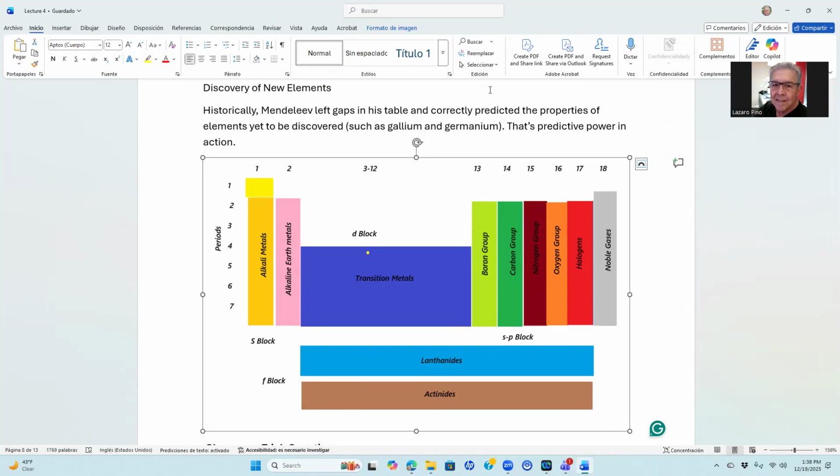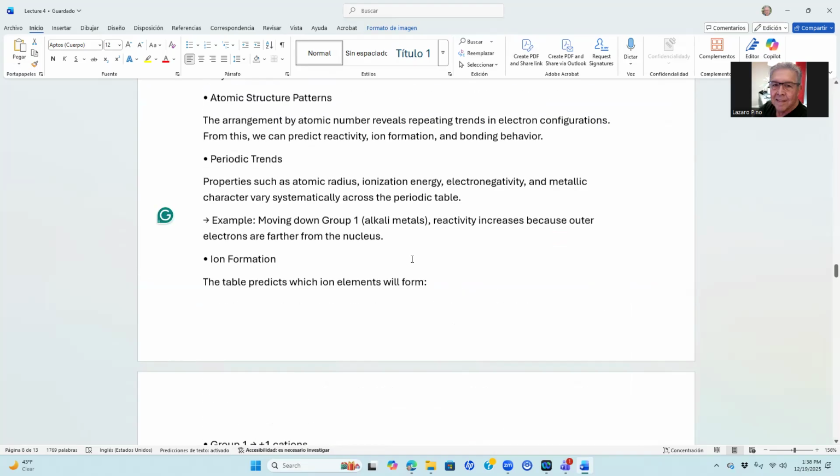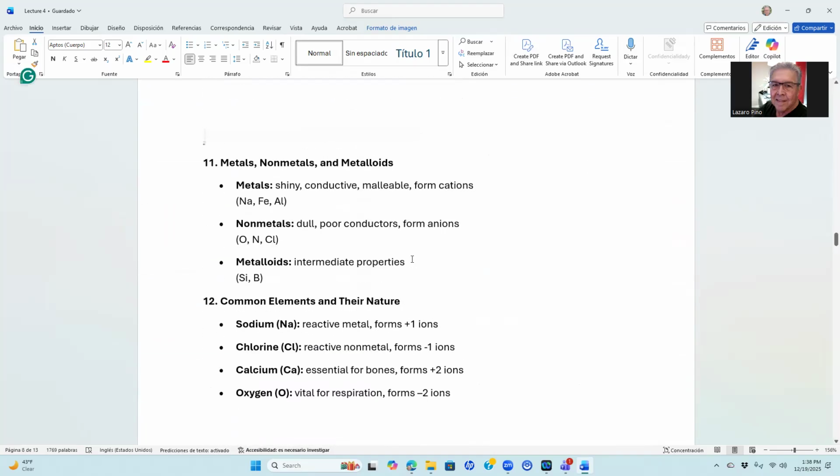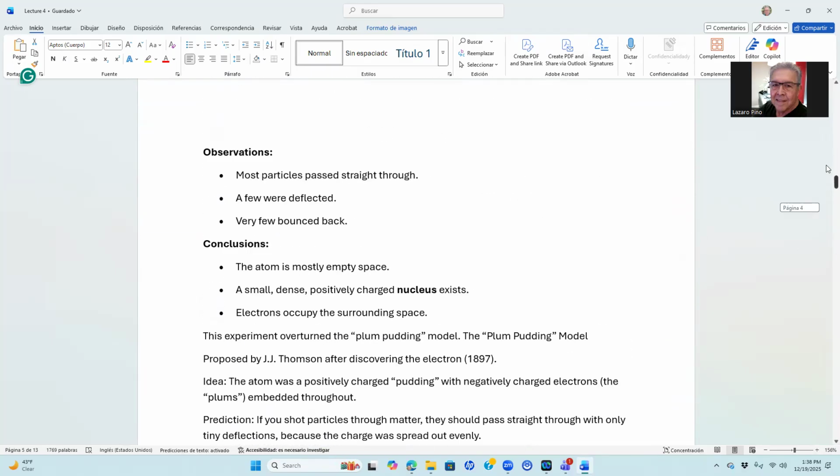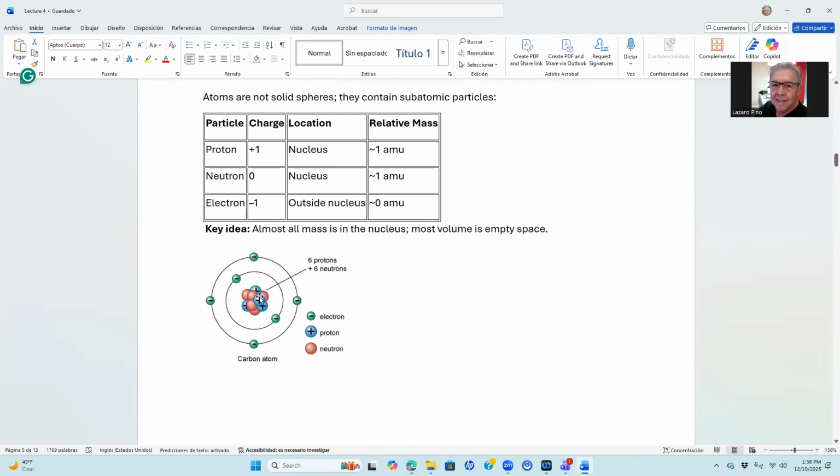Well, that's all in this lecture. Please remember how atoms are made of electrons that are in a cloud around the nucleus. The nucleus is a small part of the atom, but most of the atom is empty space where we can find the electrons in orbitals.